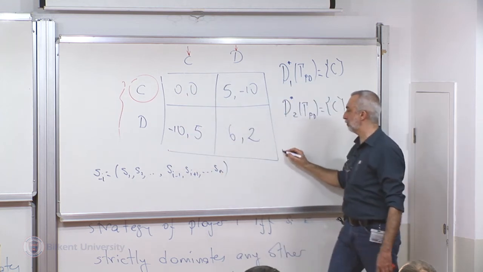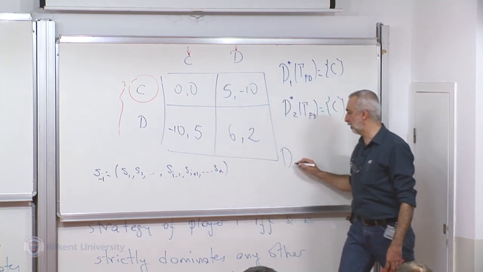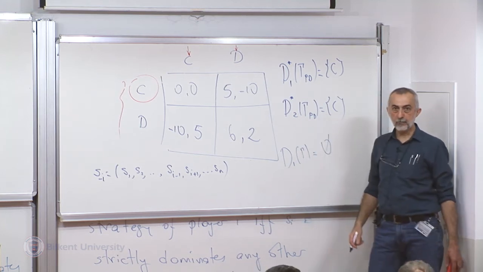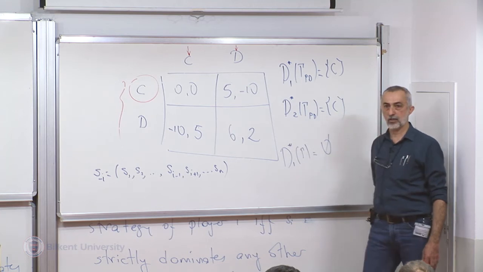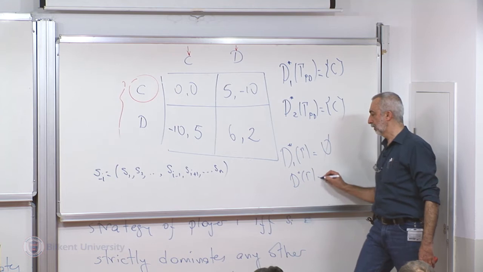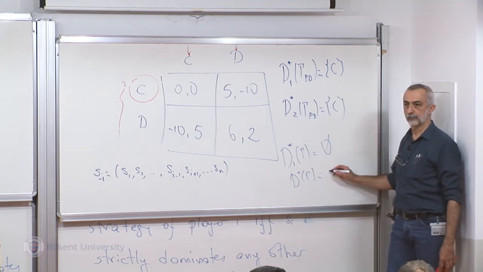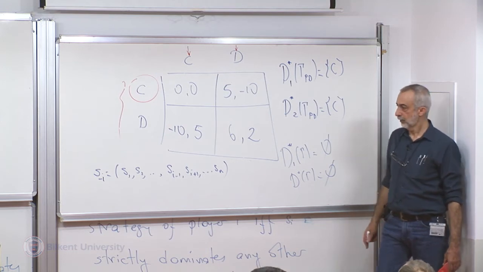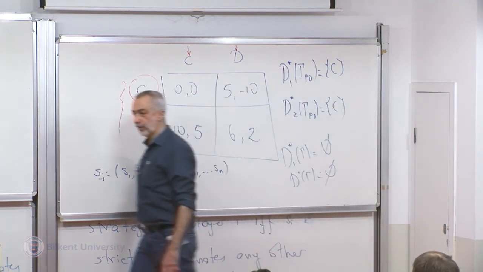So in this game, if we change that 2 to 1, D1 star of gamma is empty. Hence, D star of gamma is also empty. Okay? So it doesn't always exist.